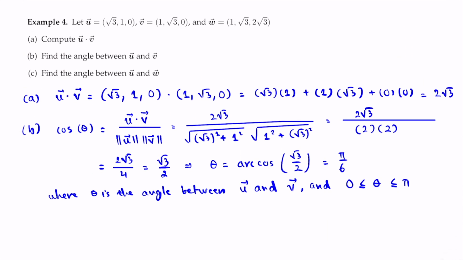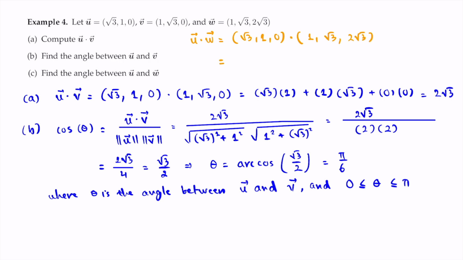Now for part C, we want to calculate the angle between u and w. So I'm going to do a few calculations first before I jump into part C. The first calculation is u dot with w. So u dot with w is (root 3, 1, 0) dot with (1, root 3, 2 times root 3).